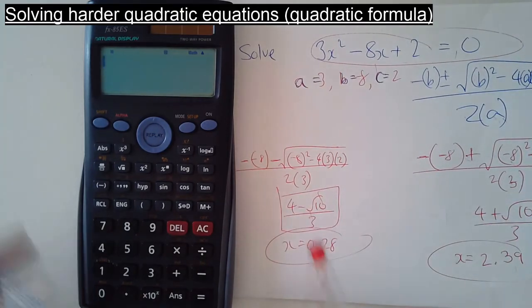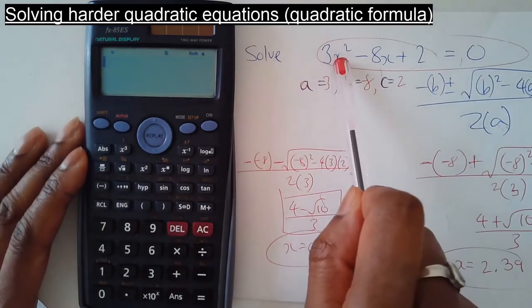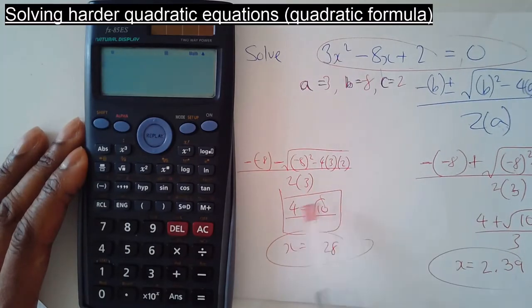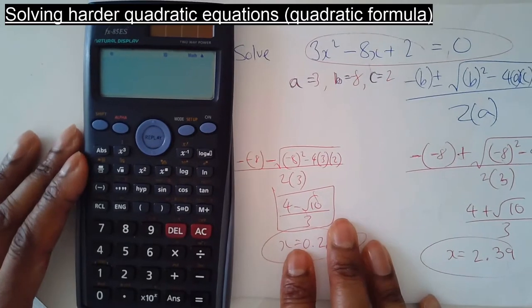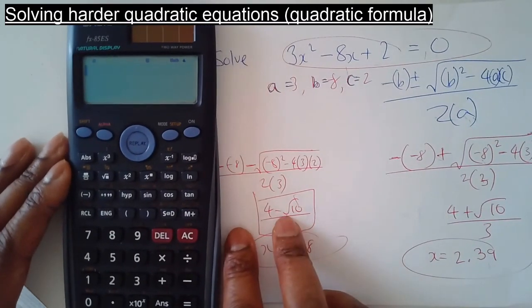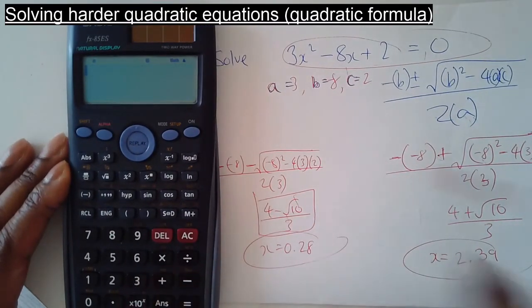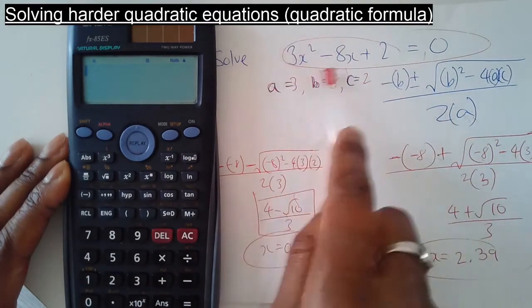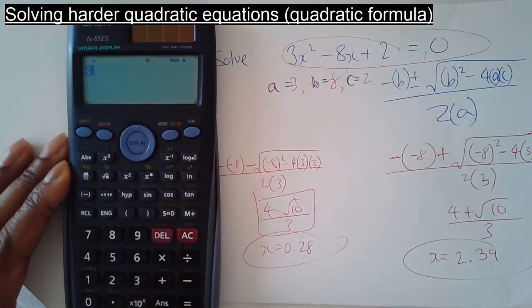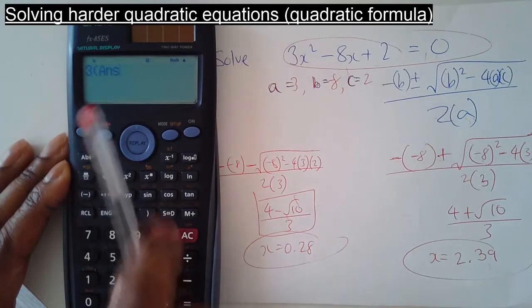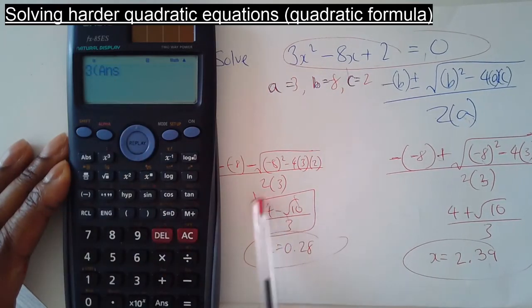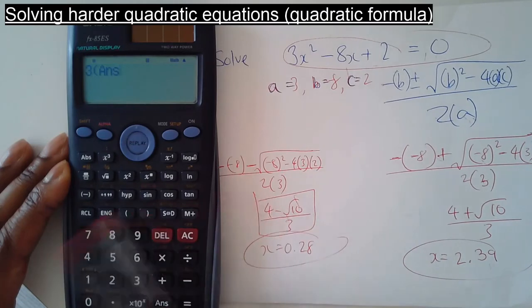So what I'll do is now substitute that into the X. But I don't want to type all that in. That's going to be quite difficult on the calculator. It is possible, but it is quite time consuming. So what I can do now is copy that expression into my calculator. Instead of X, I'm going to put Ans because I know Ans contains this number here, the third form.